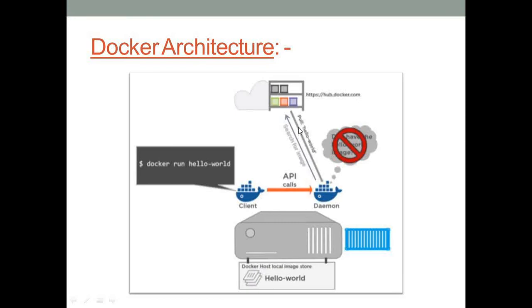This is called the pull method. When it is stored locally, it runs our hello-world containerized application. In the hello-world application there is nothing, just an echo command that echoes some data to populate on our screen.